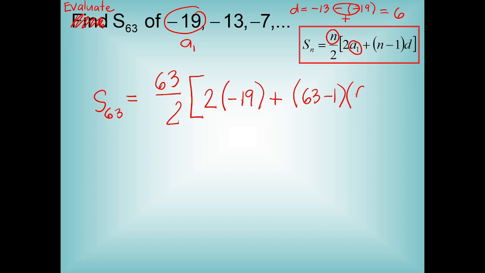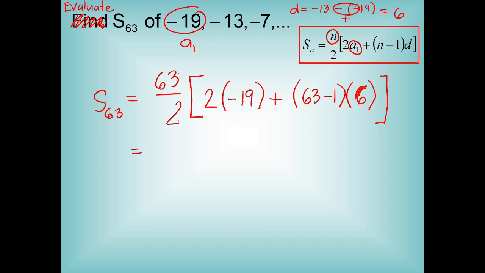Positive 6. Meaning, it is positive 6 here. Now, let me check. Negative 19 plus 6, negative 13. Negative 13 plus 6, negative 7. So, it should be positive 6.